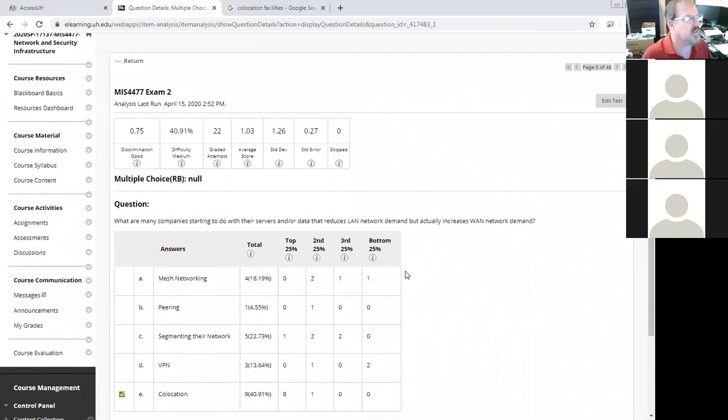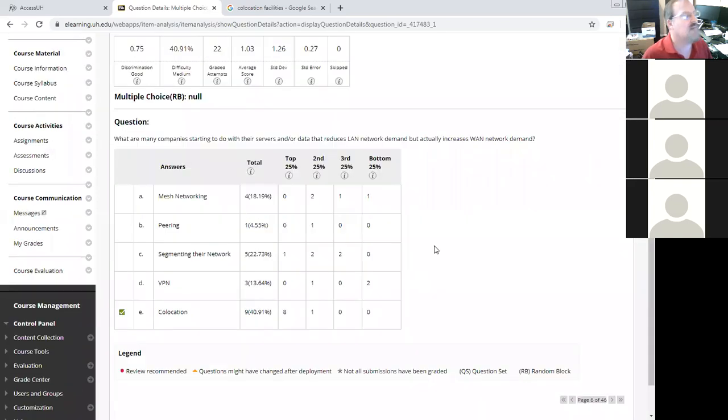And it was also co-location. So this is kind of like two flavors of the same question. If you got both of these questions on your test and you got them both wrong, I'm sorry about that. That's kind of bad luck of the draw, but the answer is co-location.